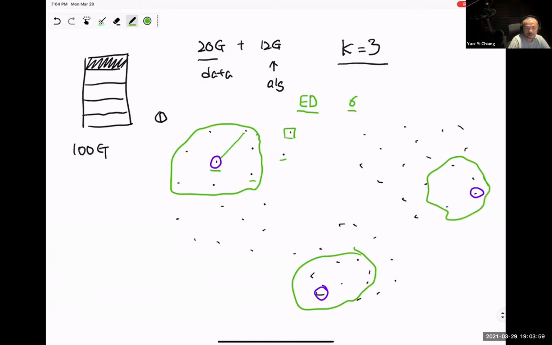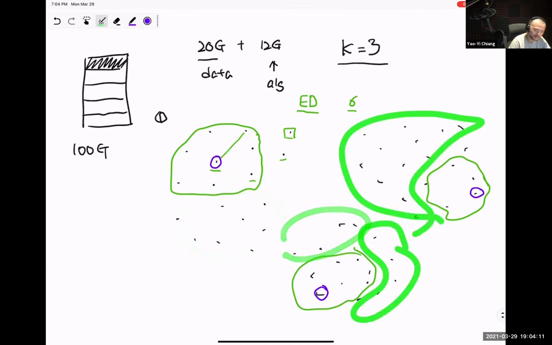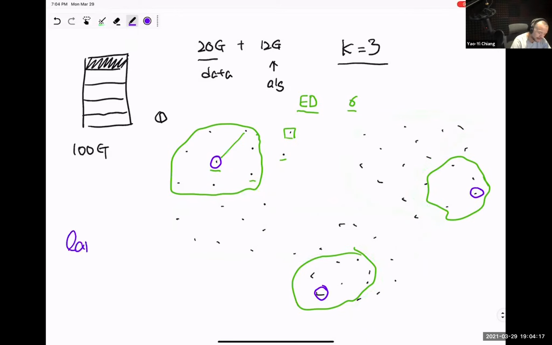What about the others? Well, for the others, you run a k-means algorithm again on all the other points. The trick is that you run k-means with a large K, because now your goal is to identify the compressed set.